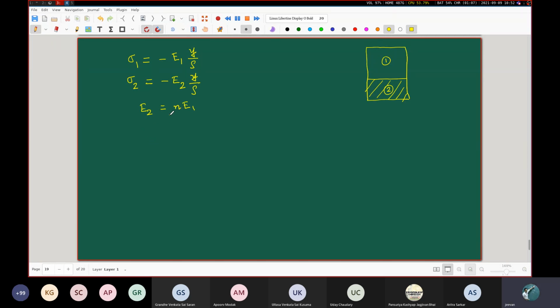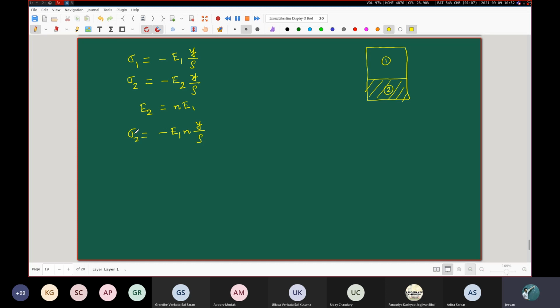All right. Come back to this equation, sigma 2. Put this value. So far, so good. But now we want to change our perspective a little bit. Instead of talking about stresses, which is not very intuitive, let us talk about forces.